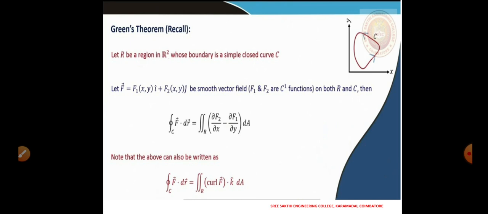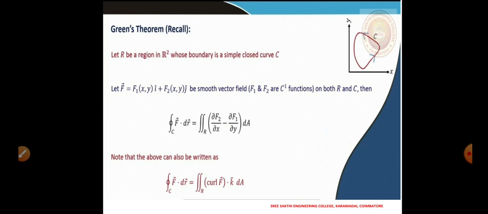So what is the curl f vector? The curl f vector would be the determinant with first row i vector, j vector, k vector, second row dou by dou x, dou by dou y, dou by dou z, third row f1, f2, f3. Then a dot product is taken with k.